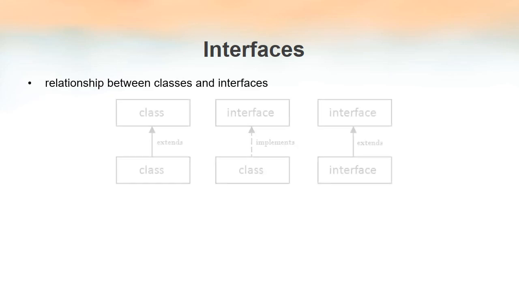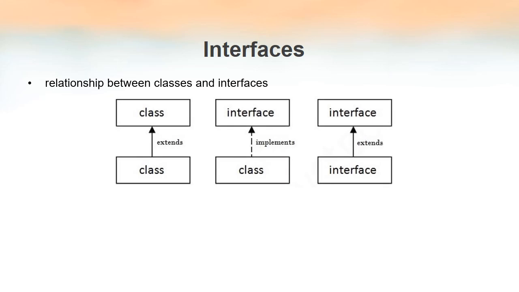Now we will see the relationship between a class and an interface, and the relation between interfaces. This figure explains the relationship between a class and another class, an interface and a class, and between two interfaces. As you can see, we use the keyword extends in terms of inheritance.